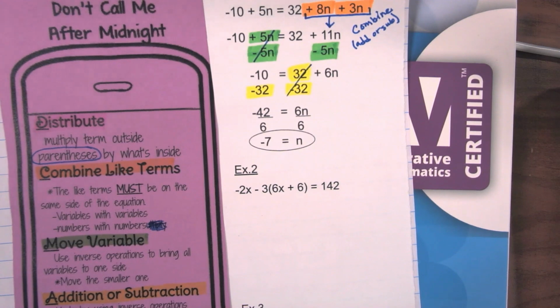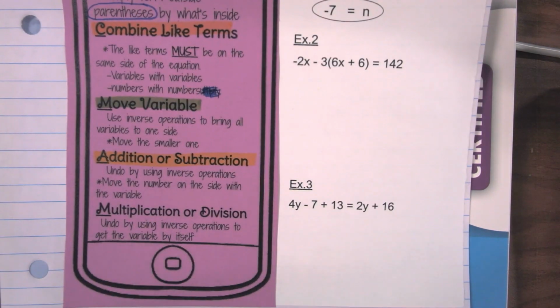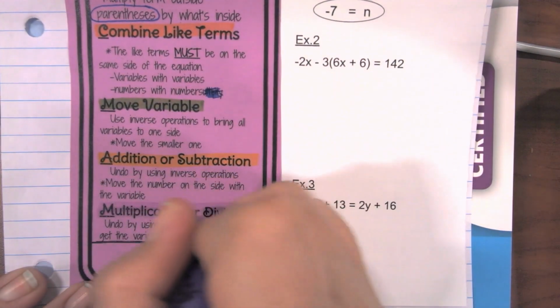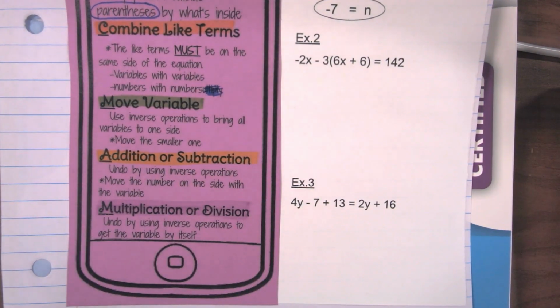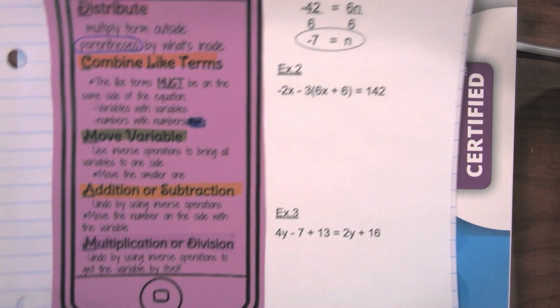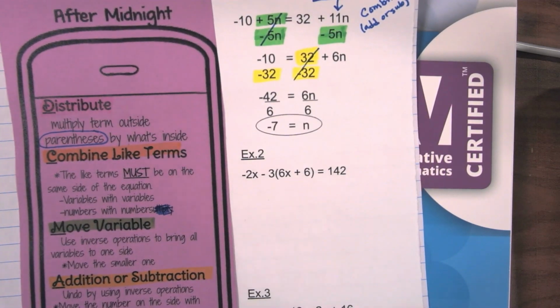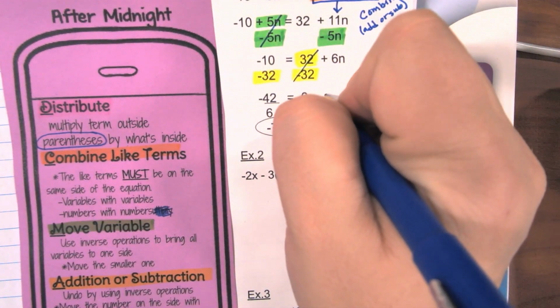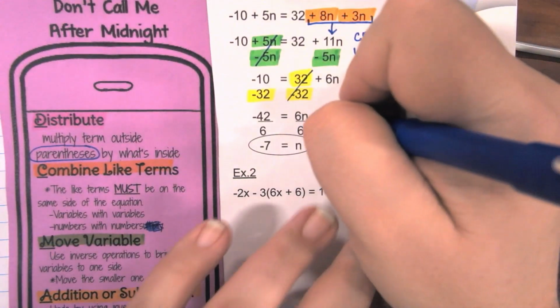Our last step is to look for any multiplication and division. This one's a little hard to see because it's purple, but on paper it shows up pretty well. We're going to undo any multiplication or division happening using the inverse. So if I look at this variable, there's a 6 in front of it. So 6n means 6 times n.